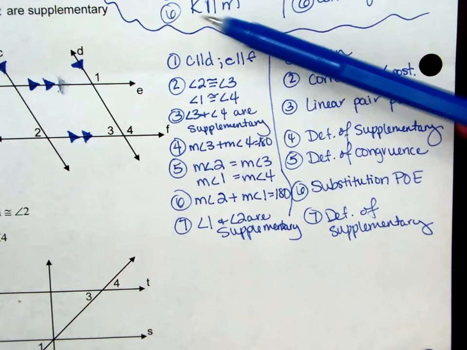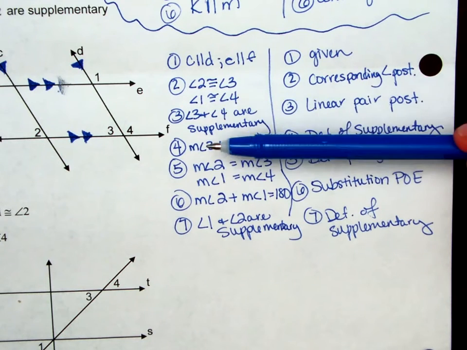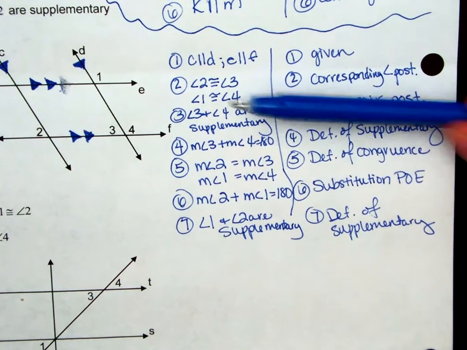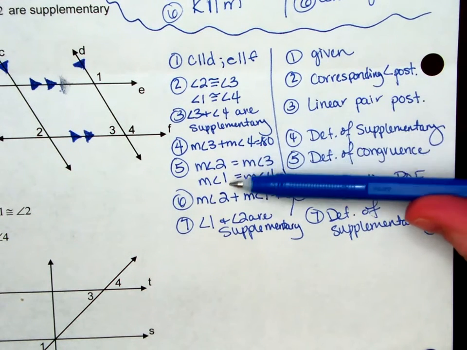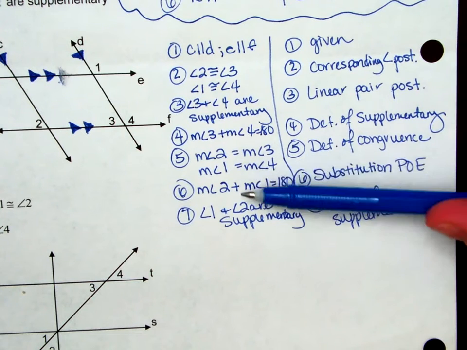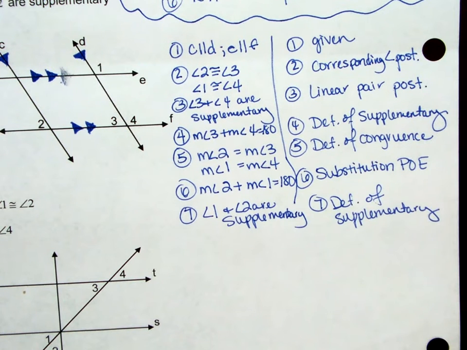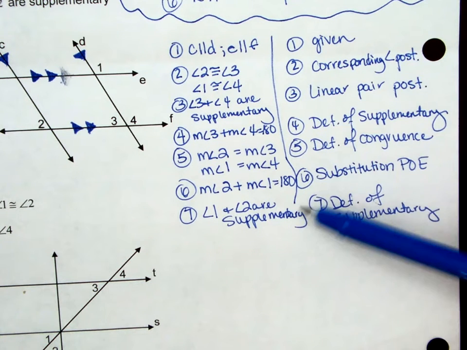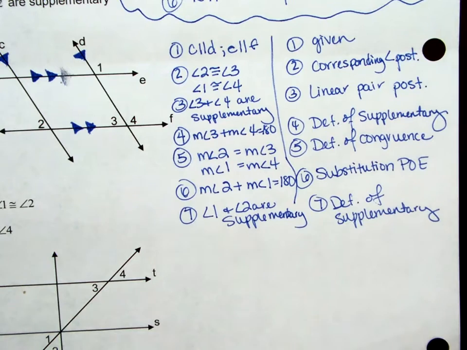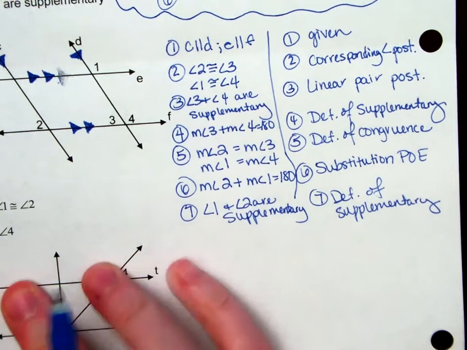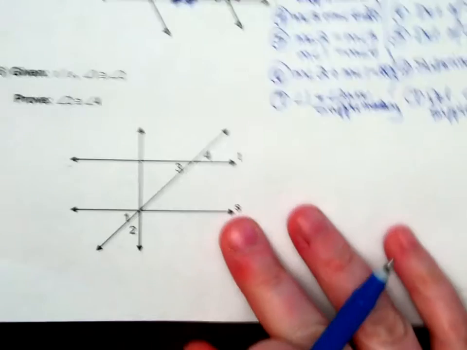If you break certain things out, it can even be longer. So you've got 1, 2, 3, 4 steps that you can break out. So it's technically roughly an 11-step proof if you go line for line. But you've got to make sure that when you use supplementary, you're saying the measurements add up to 180.